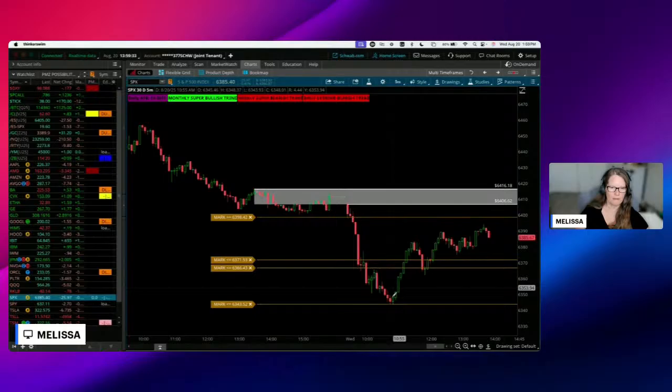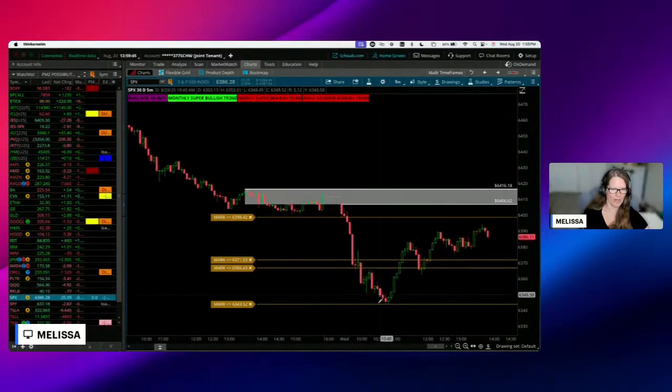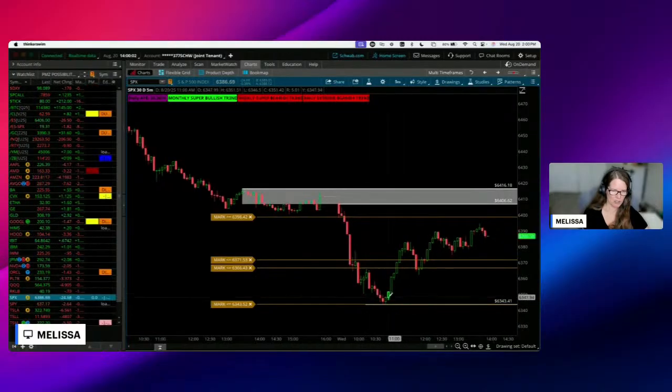And then if I'm looking for a floor or support, I'm going to my biggest area of support. I can't go all the way back, but it's going to be right in here where price came down two times to this 64.43.44 level and price bounced from there. So I would put that as the bottom. And then I would just use this bottoming wick here and create a floor here.